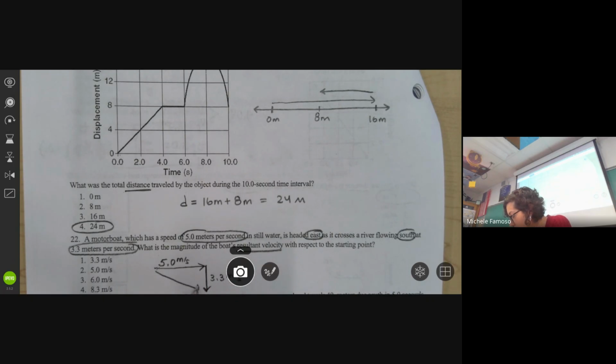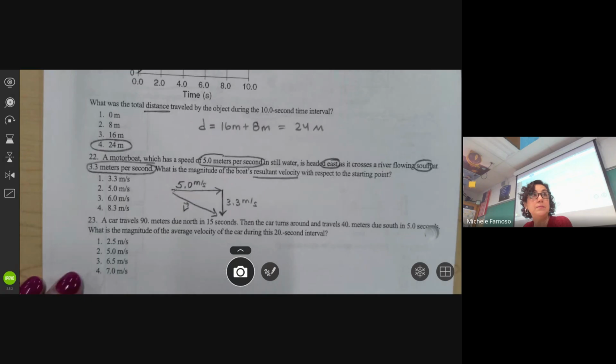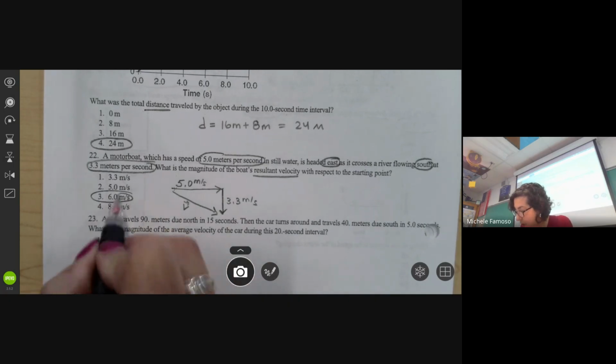The resulting velocity of the boat is the hypotenuse of that right triangle. So how do you get the hypotenuse? Yep, so that's 5 squared plus 3.3 squared, and then take the square root of that, and that gives me an answer of about 6 meters per second, choice 3.